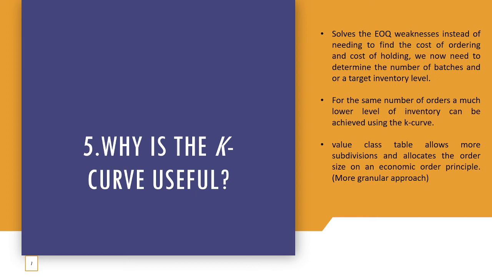Also, when compared to Pareto, the K-curve goes from 5 days to 10 days to 20 days ordering, and Pareto goes from 5 days ordering to 20 days ordering. So we can see that the K-curve provides a more granular approach. For the same number of orders, a much lower level of inventory can be achieved using the K-curve.